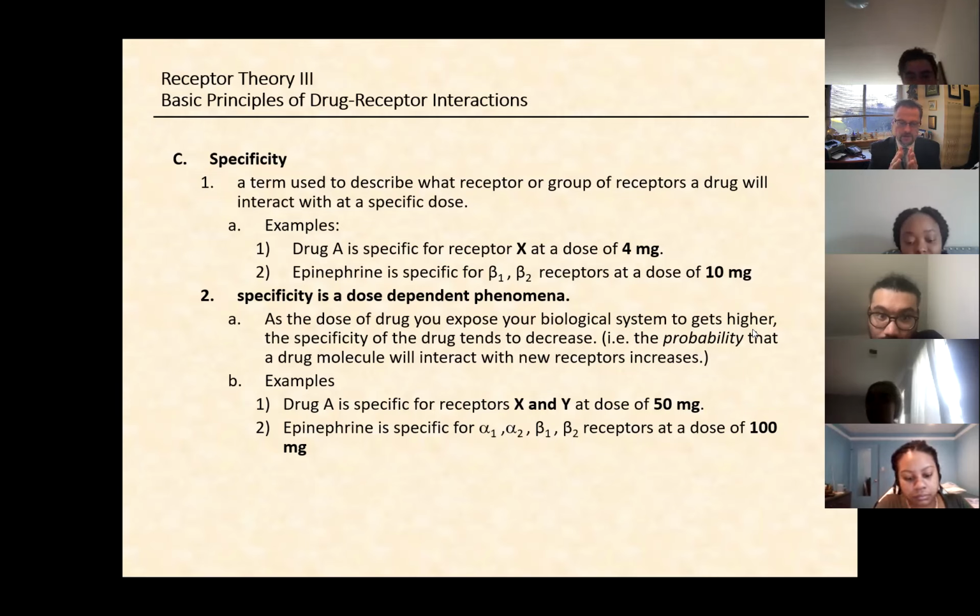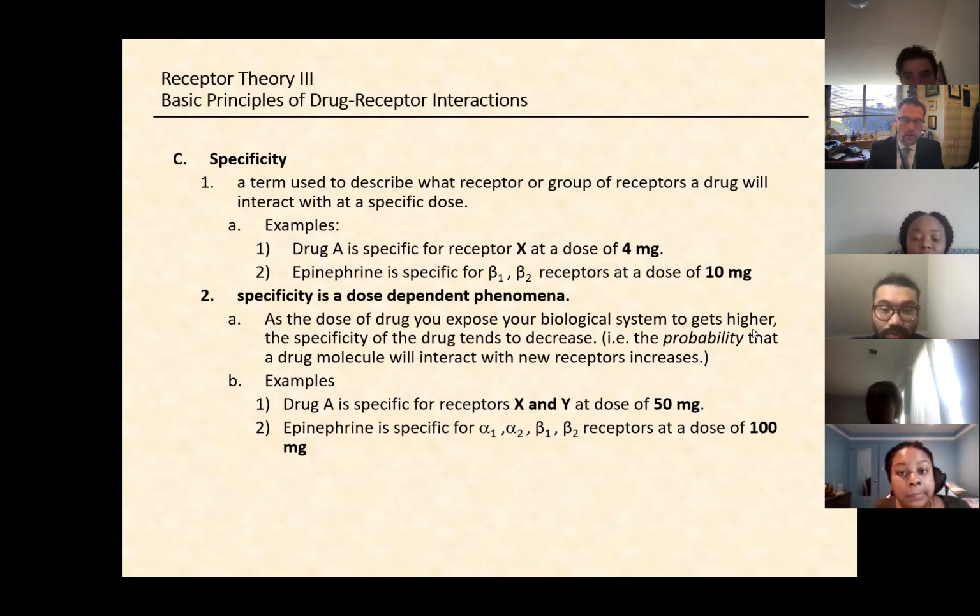In the next 10 minutes or so, we're going to be talking about selectivity and specificity. Now, these are two terms that are very similar to one another. That's why it's easy to get them confused, and they are closely related. There are a lot of similarities between these two terms, but there are some important and distinct differences that you need to know.